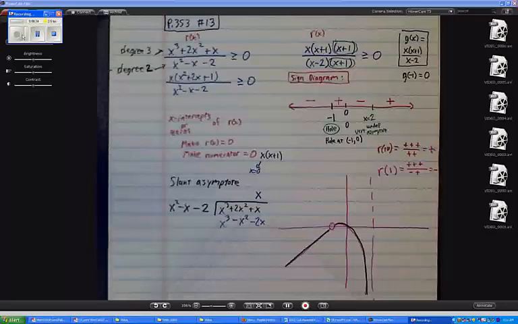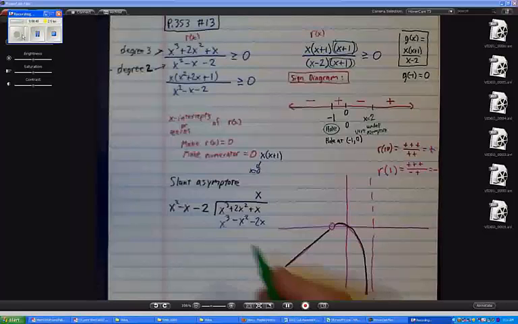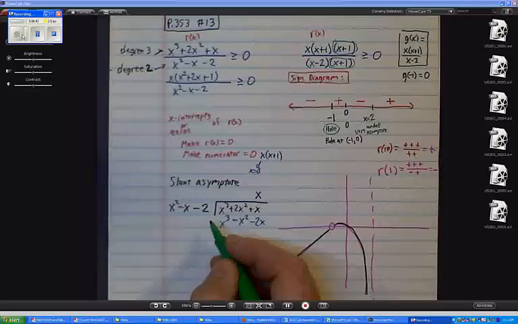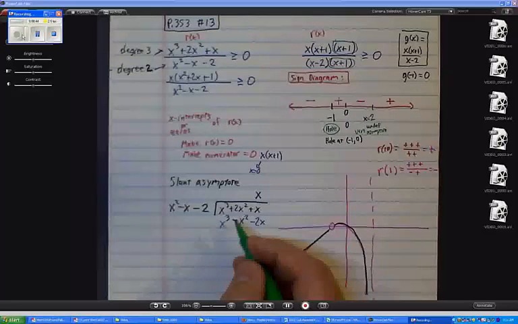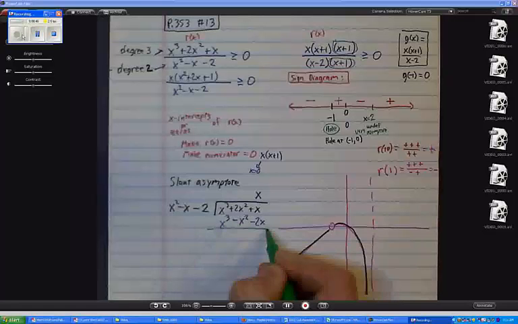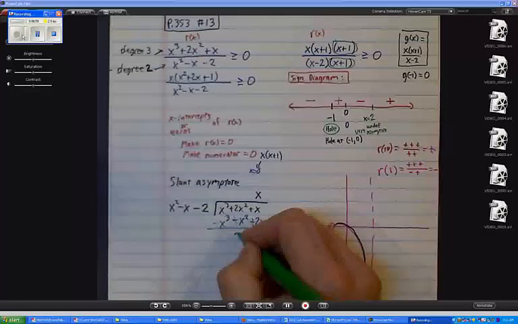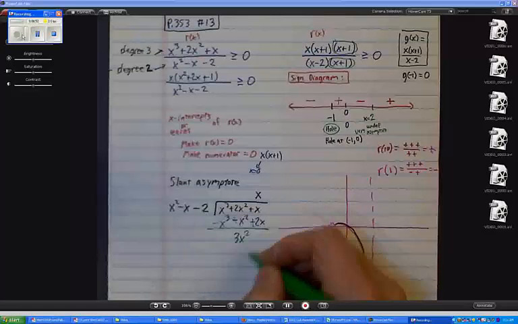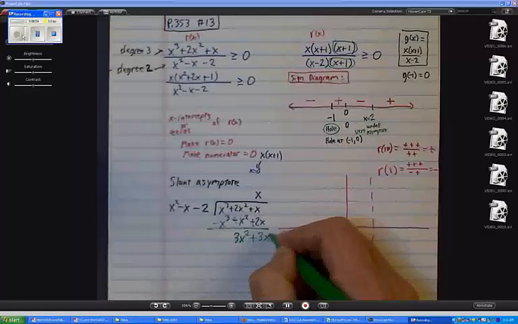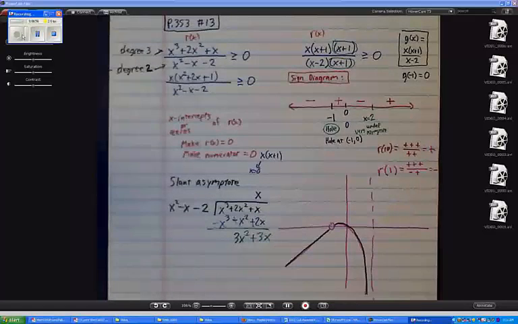Delaney, all right? What's that? You subtract, right? We don't like to subtract in algebra. What do we like to do? Add the opposite. So when I draw the line, I change all my signs. And I get 3x squared, because all the x cubes are gone, plus 3x, right? I guess plus 0. What's next?